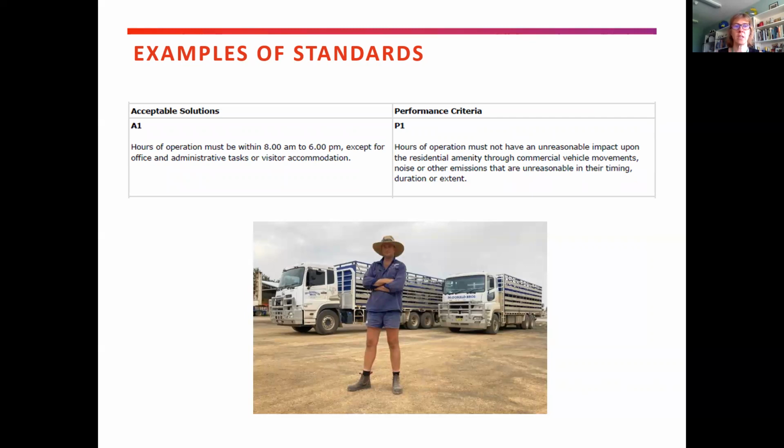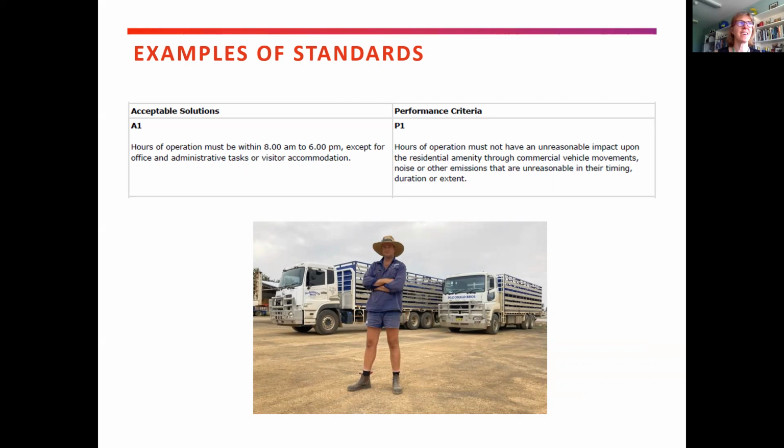And you basically need to work out whether what you're looking at, and this really only comes to life when you're actually working through an example, fits what has been decided as acceptable for that zone. I think this is from general residential rather than inner.